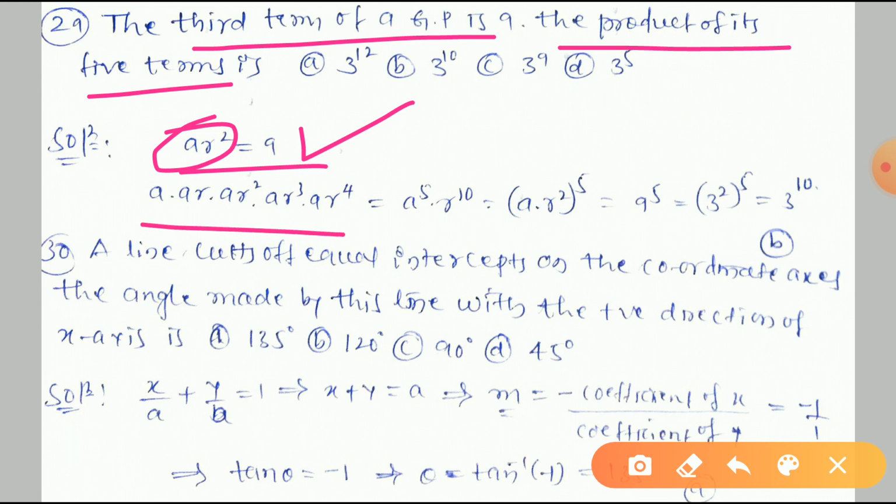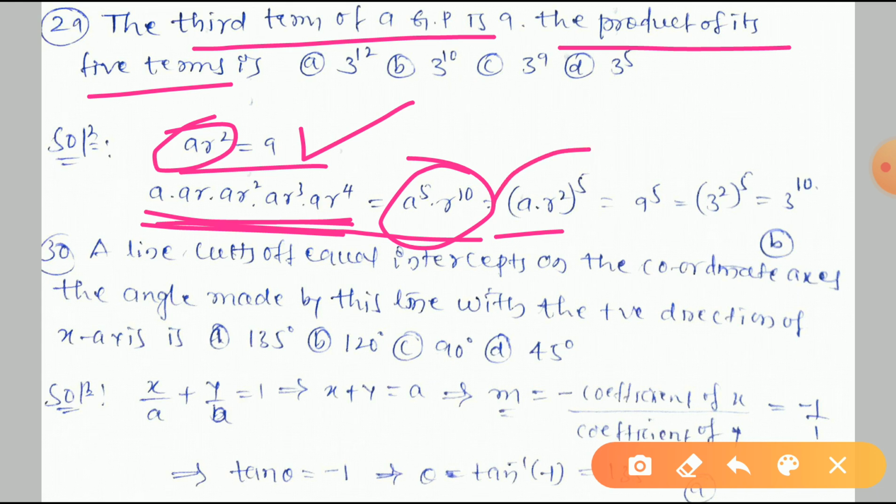The 5 terms are a, AR, AR square, AR cube, AR to the 4. This is our first 5 terms. The product of the first 5 terms is equal to a raised to 5 into r raised to 10. Then this can be written as a into r square whole raised to 5.